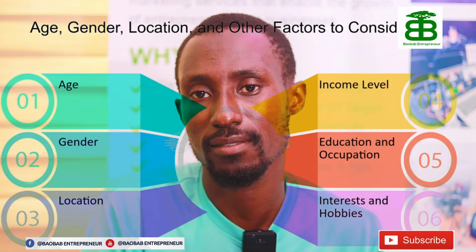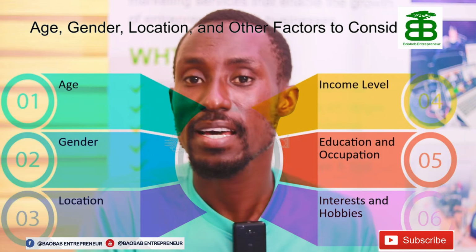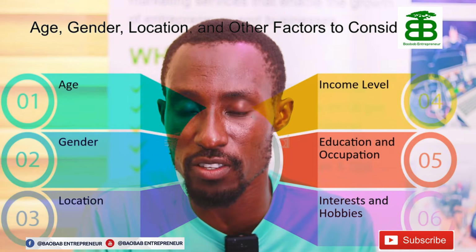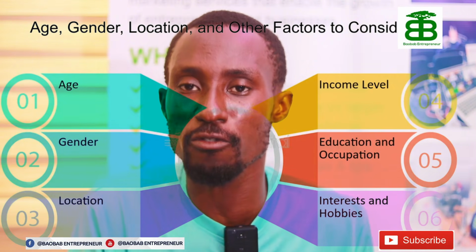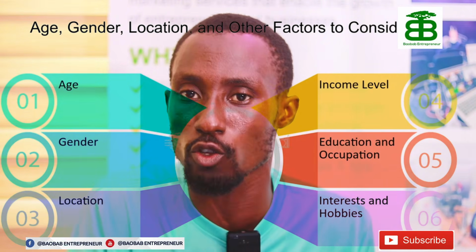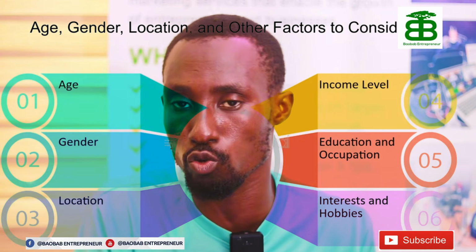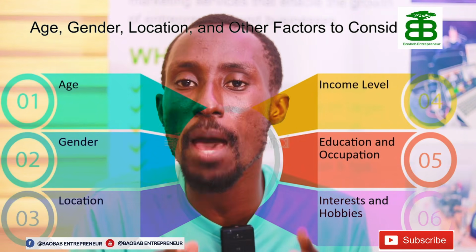The location is also one factor. The income: what income are the people you are selling to receiving? And then their buying behaviors. If you are selling to Gen Z, what are their buying behaviors? You need to identify those too. Understanding this will help you tailor your business or service to the right people.